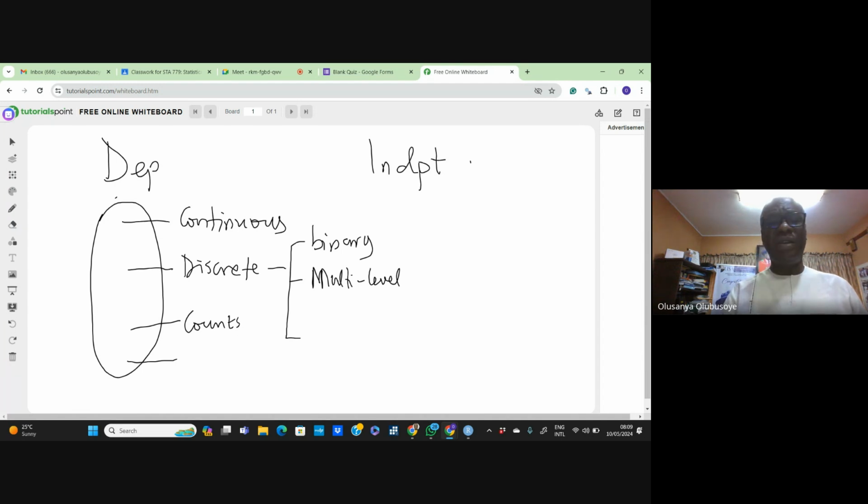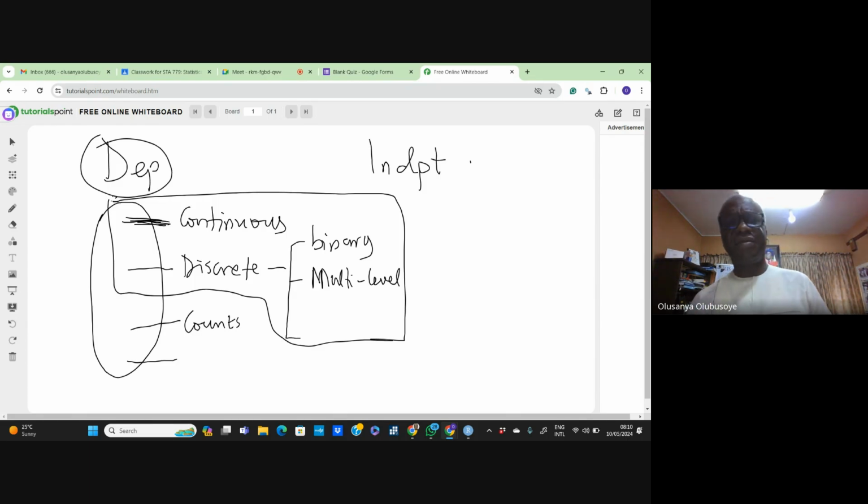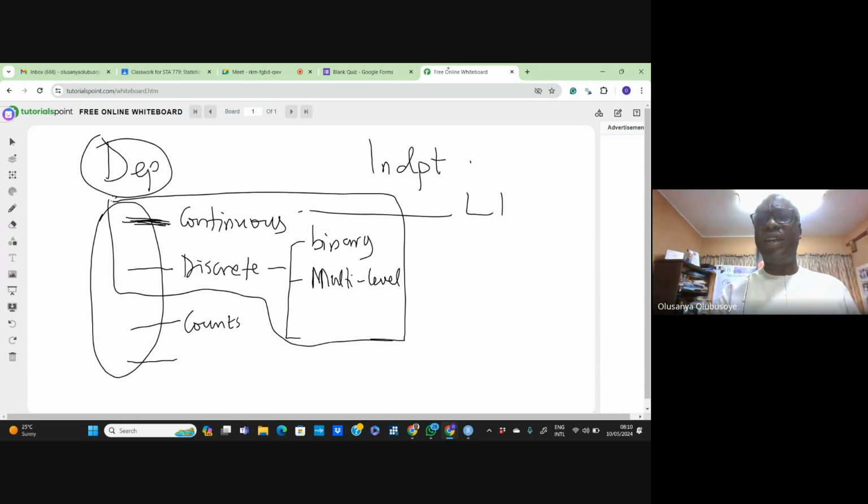But our focus is mainly this. If the outcome or the dependent variable is measured on a continuous scale, that's when you use the linear regression model.